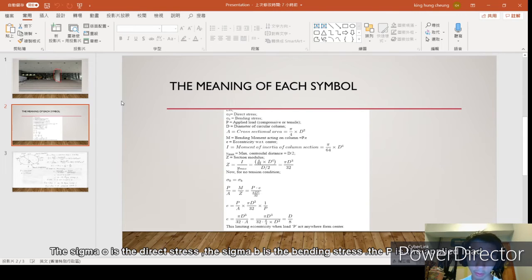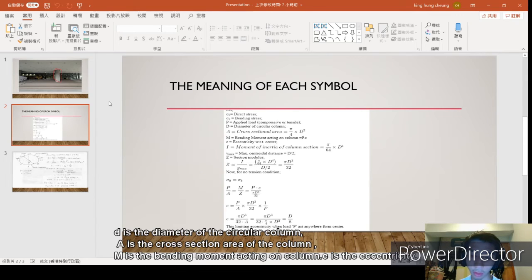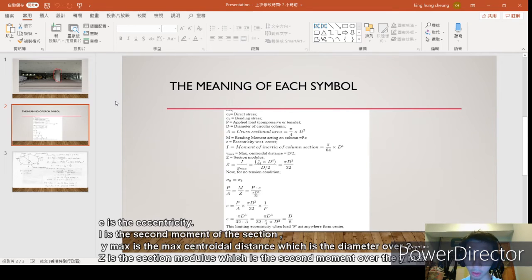The sigma O is the direct stress, the sigma B is the bending stress, the P is the applied load, D is the diameter of the circular column, A is the cross-sectional area of the column, M is the bending moment acting on column, E is the eccentricity, I is the second moment of the section, Y max is the maximum centroidal distance, which is the diameter over 2.